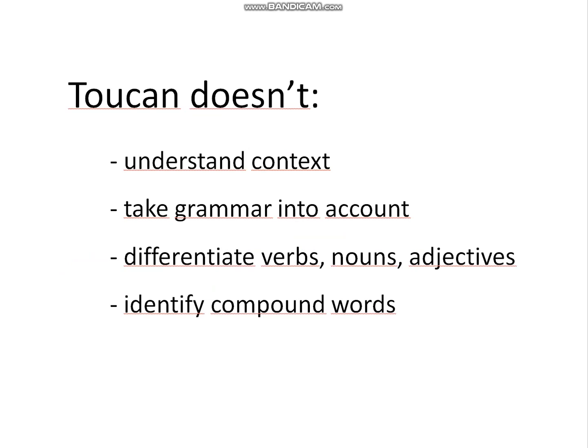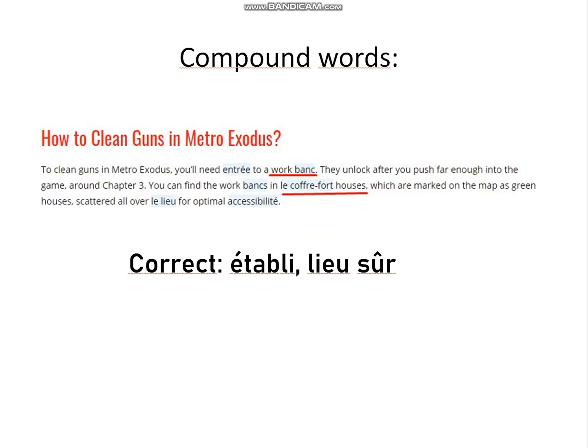So starting with the compound words. Here in the original text, you had workbench and safe house. So those are two compound words. But instead of considering the compound word as a whole unit, Toucan identified the bench portion of workbench and treated it as its own separate word.